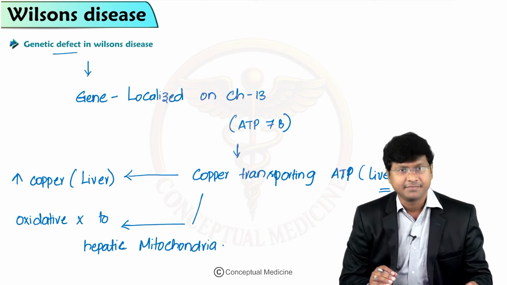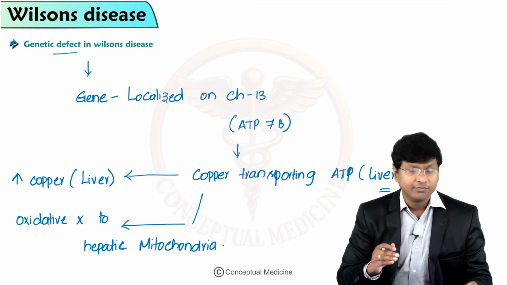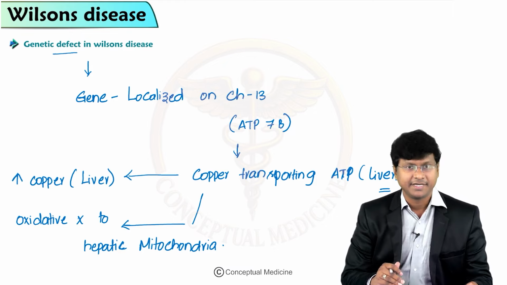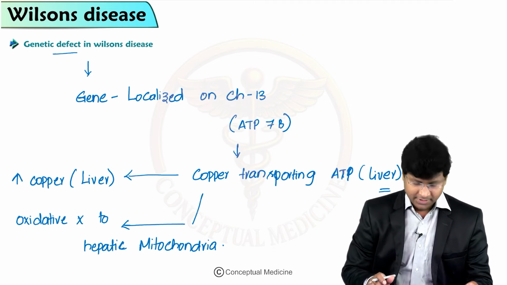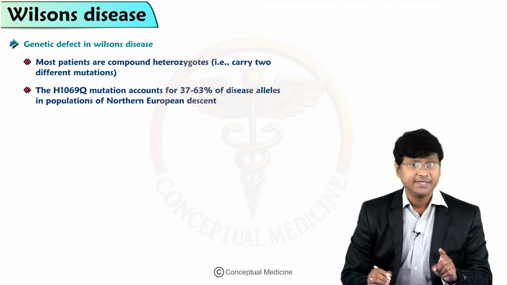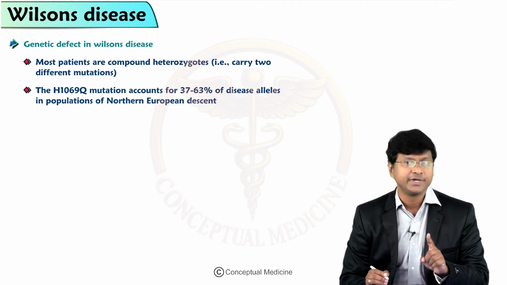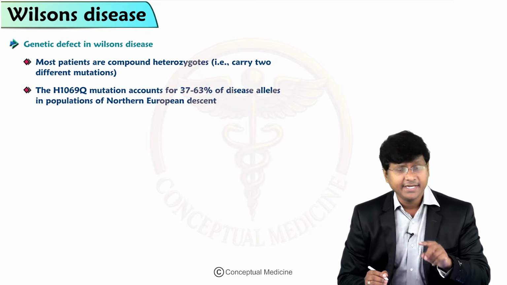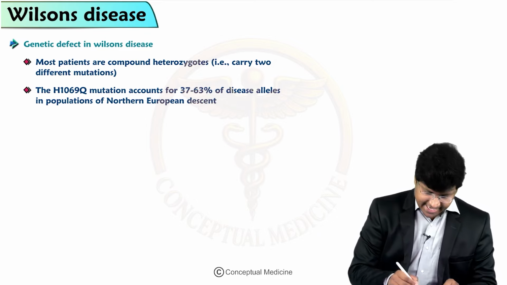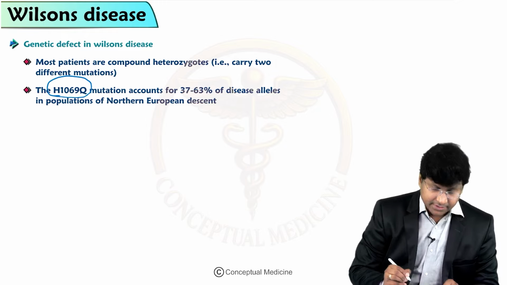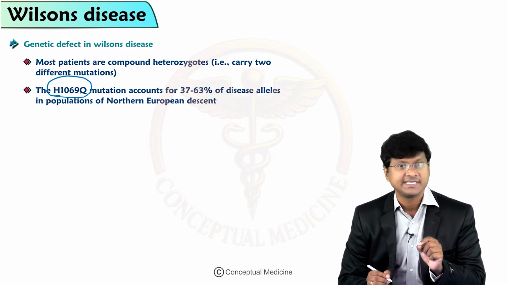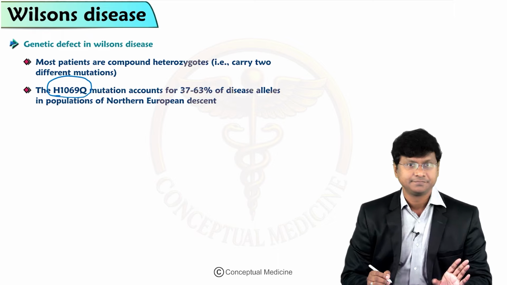Apart from that, there is one more genetic abnormality in Wilson's. Most patients are compound heterozygotes, that is, they carry two different mutations, and another mutation is the H1069Q mutation.